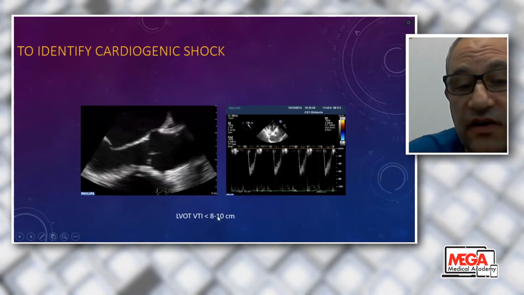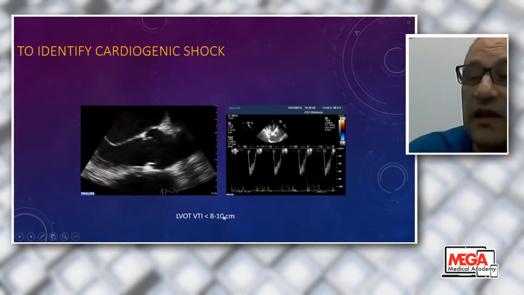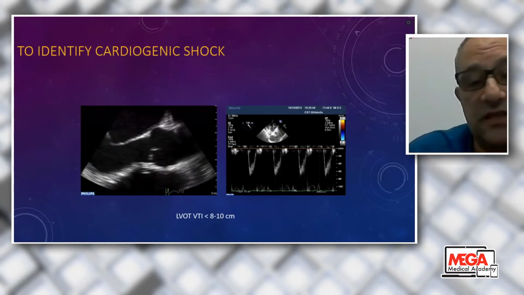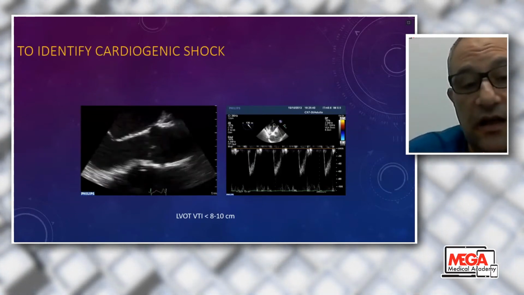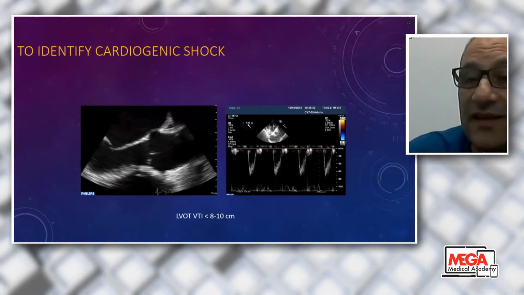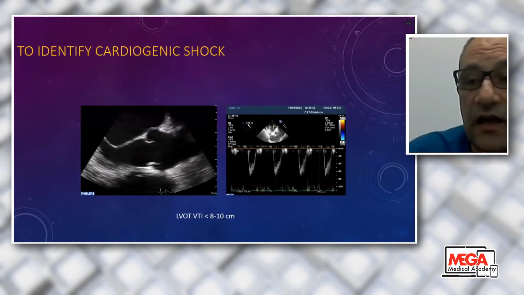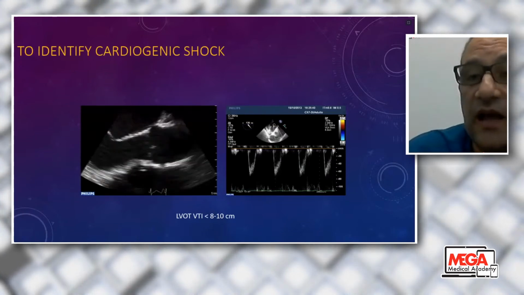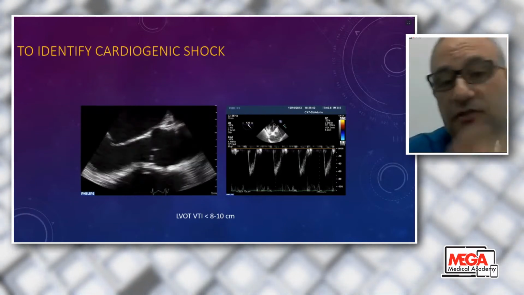A velocity time integral less than 10 centimeter, which is the average distance a blood cell is ejected during one cardiac cycle, so it's in centimeter. So LVOT VTI less than 10 denotes that this is a failing left ventricle and requires urgent mechanical circulatory support.